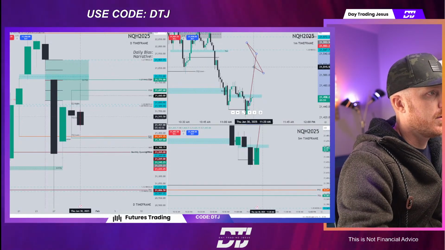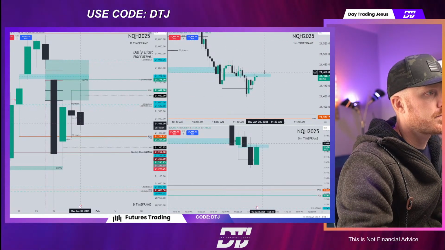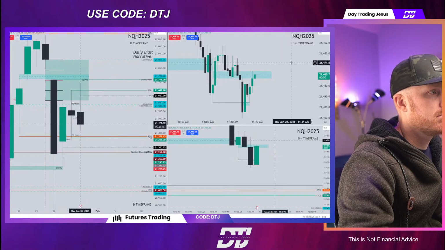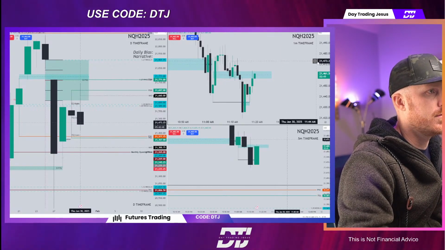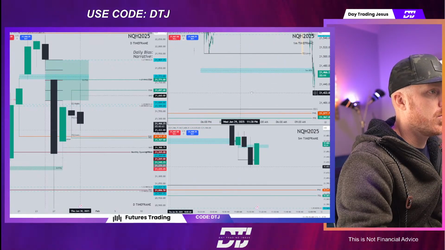Because quite frankly, you could even reverse at that point. Instead of fighting, go with where price is moving. And even at this point, I don't see why it would stop here.